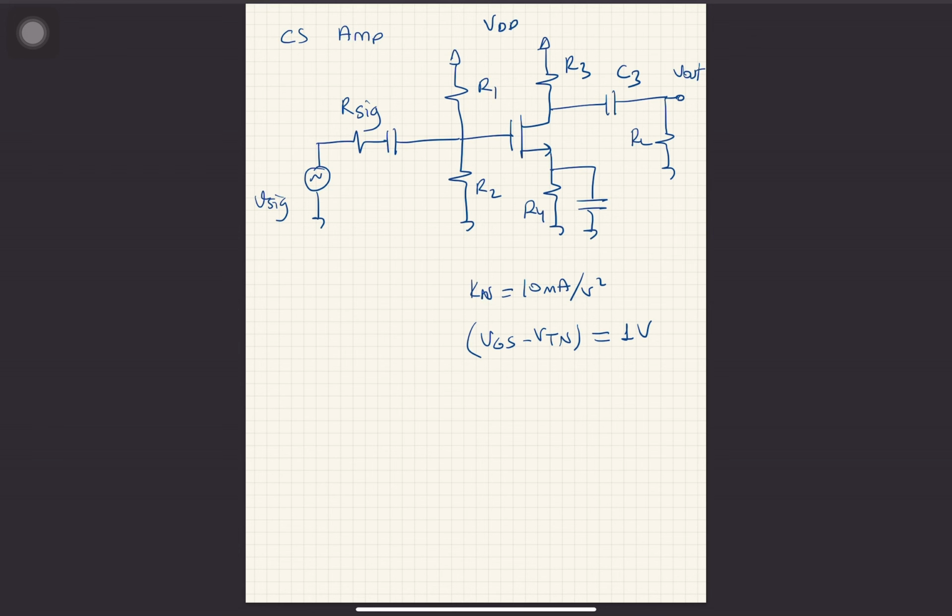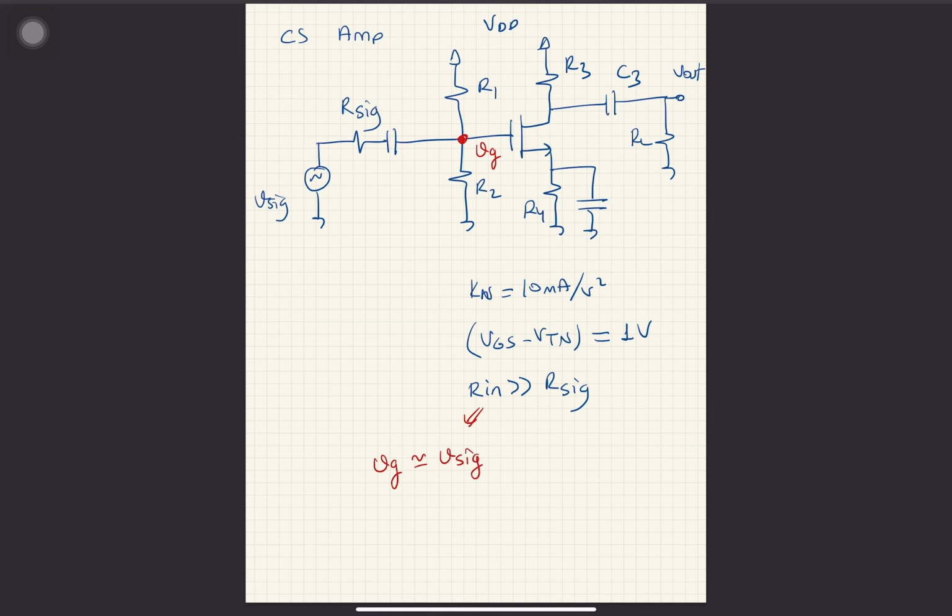Since you're a good designer, I will assume that you choose Rin much larger than our signal. So now I can say that if this is VG voltage in AC, VG is approximately equal to V signal.